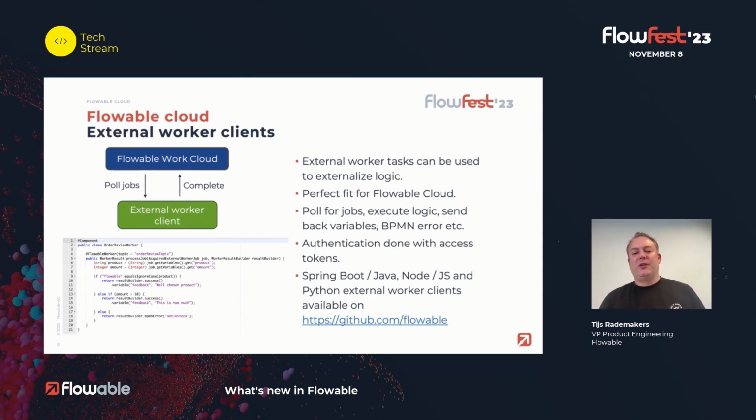You get variables from the job, so you can access process and case variables. And then you just execute the logic that you want to implement, and then return the variables that you would like to give back to the process, for example. You could even send back a BPMN error so that you can handle logical errors as well.